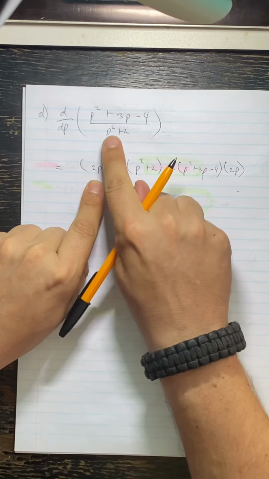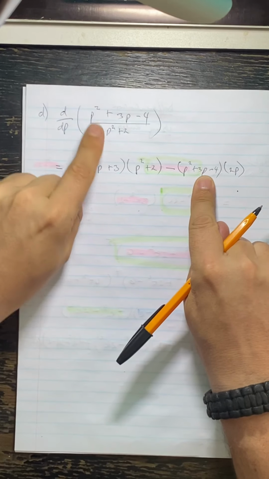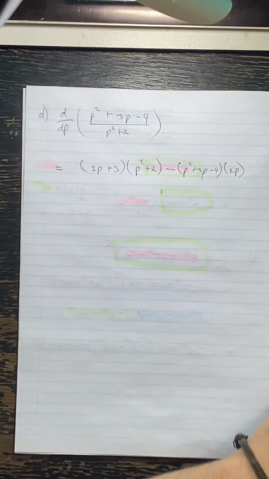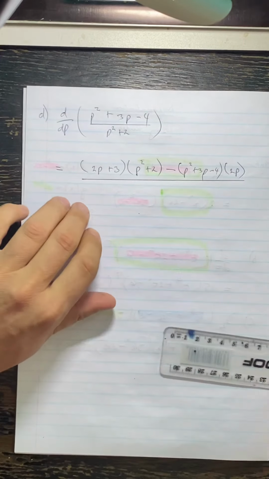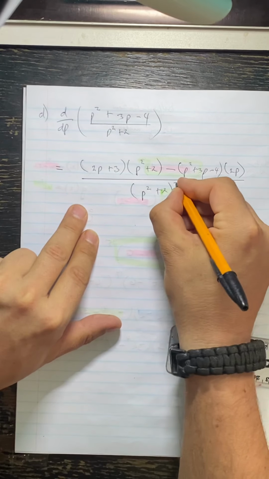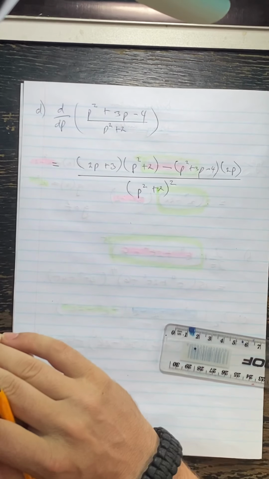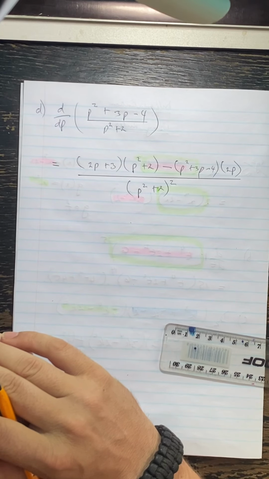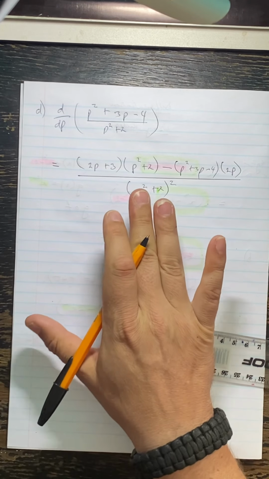Derivative of the top, leave the bottom, minus, leave the top, differentiate the bottom, all over the bottom squared. And that is your quotient rule. Okay, and you can leave it just like that for me. All right, guys. So this is a tricky one. So just practice on this type of one for me.